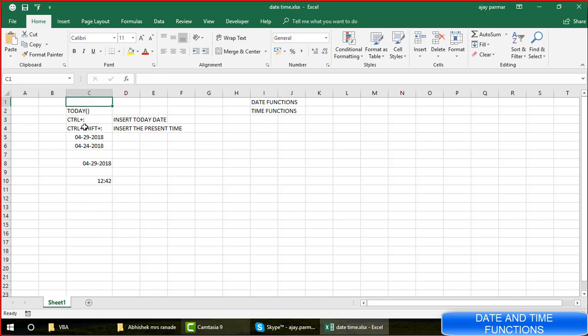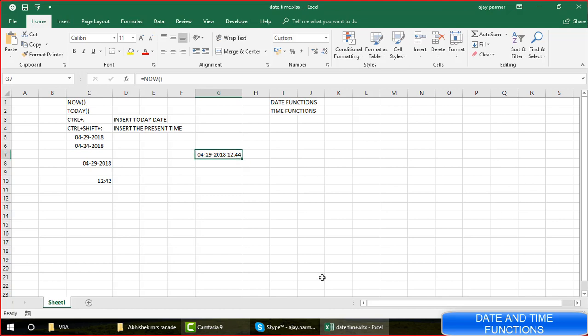Similarly, there is one more function which we use, NOW. This is a formula actually. If you want the date and the time both, you can use the NOW function. You can see here, I got the date, I got the time. Whenever you save this file, or open or close this file, you always find this time changing in auto mode, because this formula keeps on giving you the new time, right?